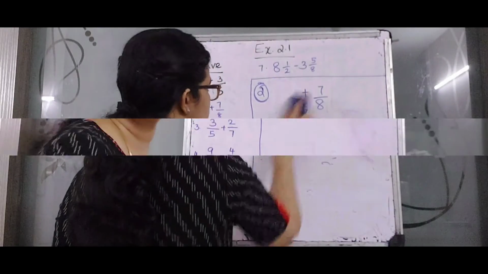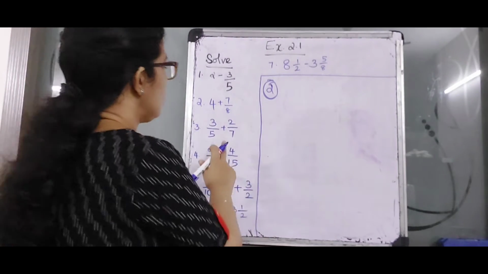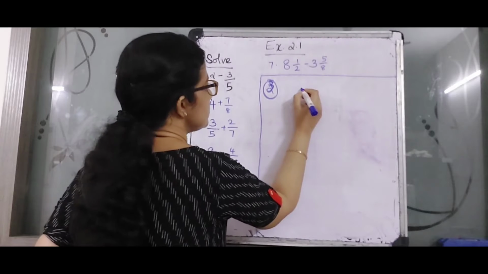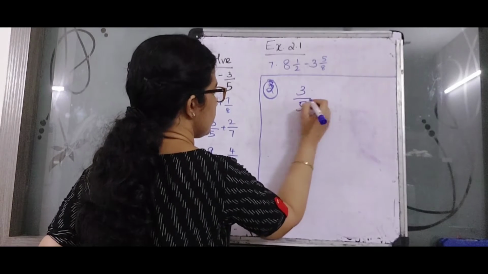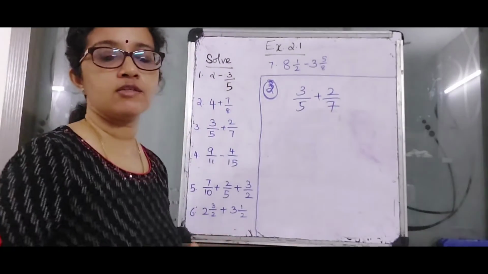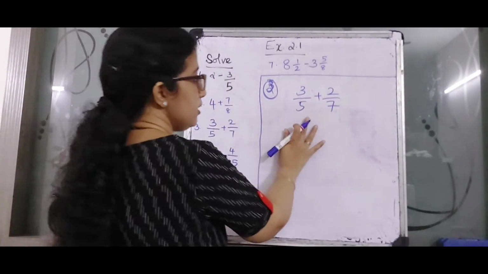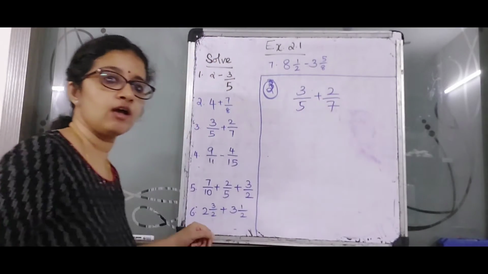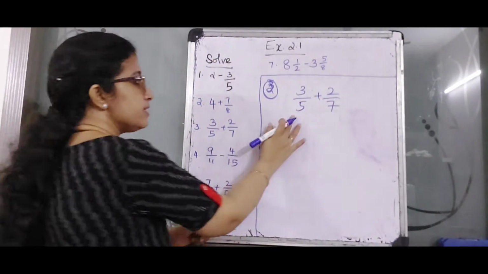Now the third question is 3 by 5 plus 2 by 7. Here they themselves have given two fractions, 3 by 5 and 2 by 7. So how to add these two?